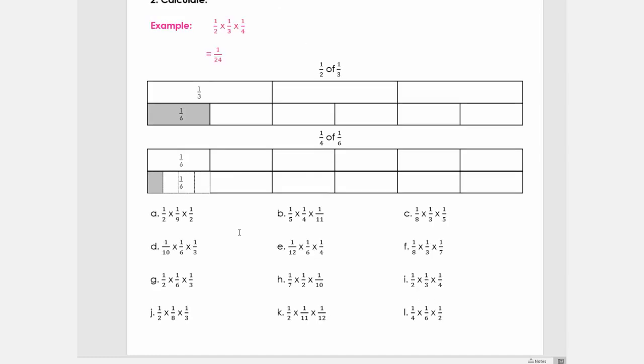So every time when you do this, you're going to make drawings of these. Note, you have 12 different sums here, or number sentences. So you only have to choose 2 or 3 to make fraction walls of.